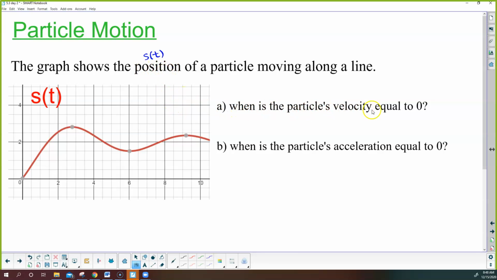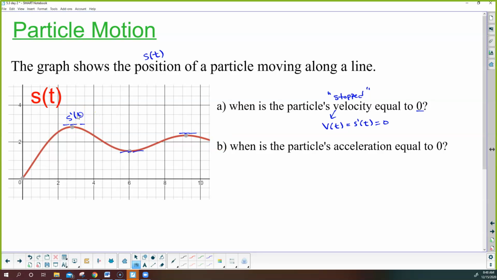Right? When is the particle's velocity equal to 0? So another way to ask this is, when is the particle stopped? If it's equal to 0, the particle is stopped. Well, what has to be true then is the velocity, which is equal to the derivative of the original function, has to be equal to 0. And what we're doing is we're checking the slopes. And where are the slopes equal to 0?